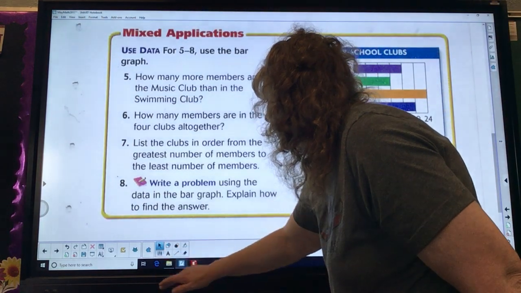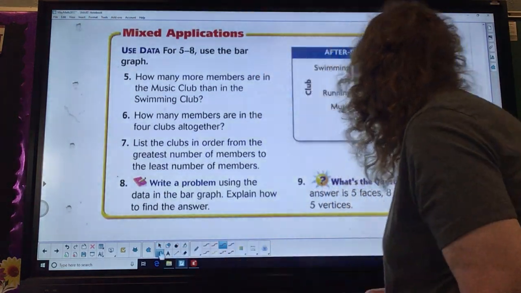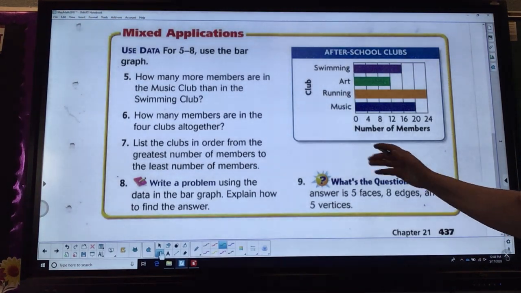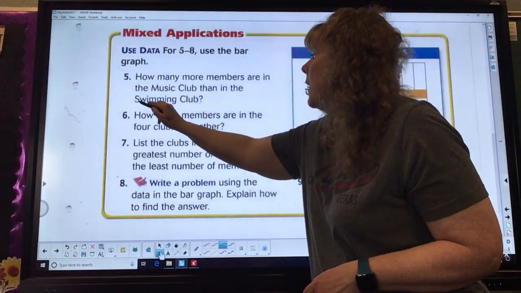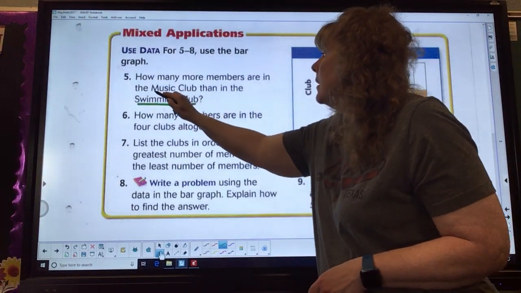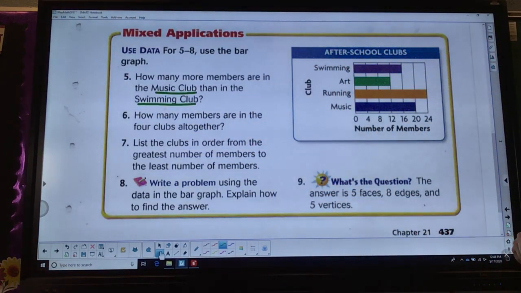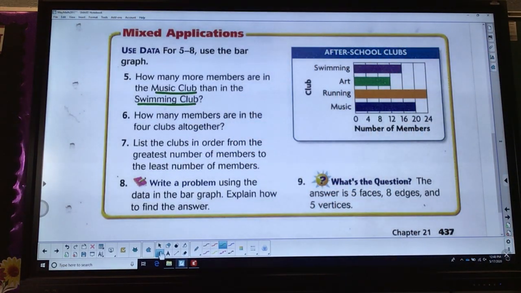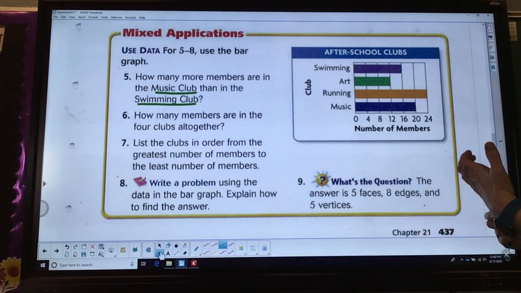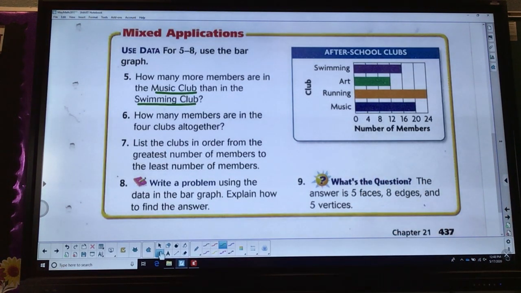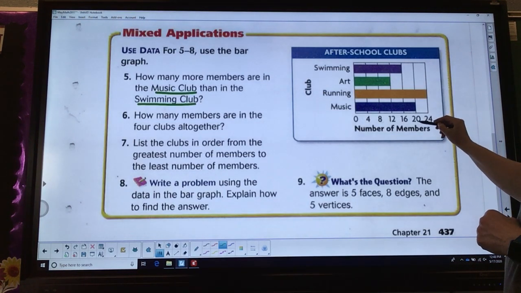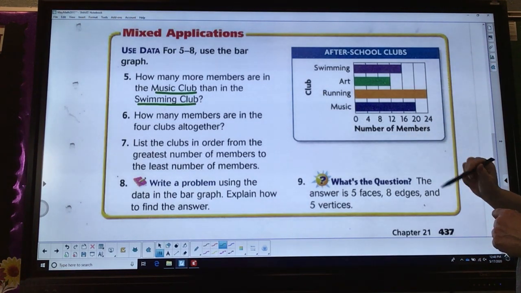I'm going to turn my pen on here. And we are comparing the swimming club and the music. Now remember, when we compare, what operation is that? We are comparing two numbers, so we know that we're going to have to subtract. So we're looking at the music club, and I can see that I have 20 for that.